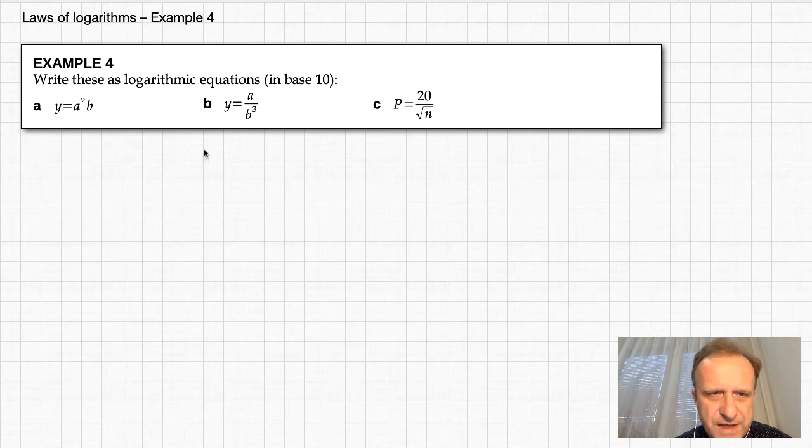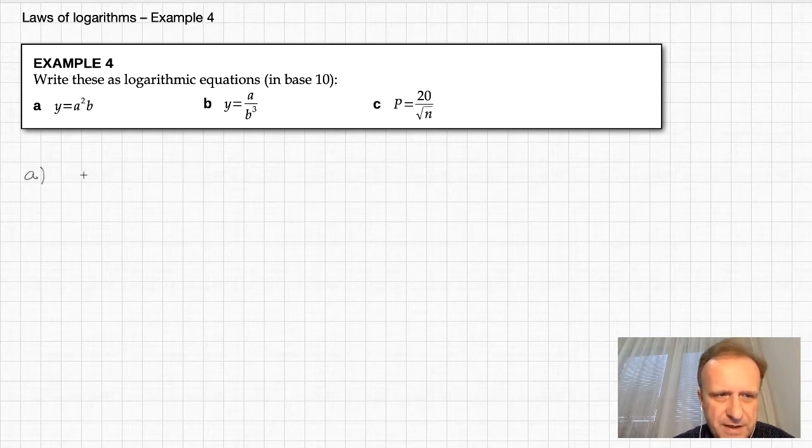Let us suppose that. What we do in what follows is true only when this requirement is satisfied. So we need to suppose that all the variables here are positive, and having supposed that, we can try to write these as logarithmic equations.